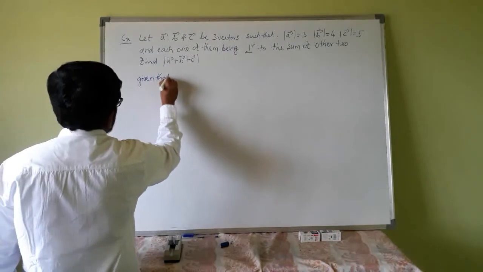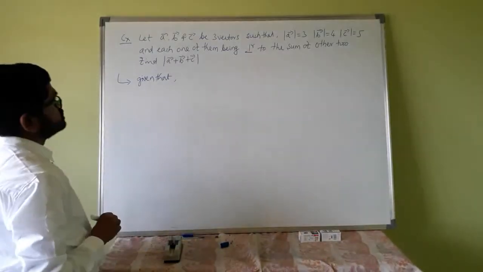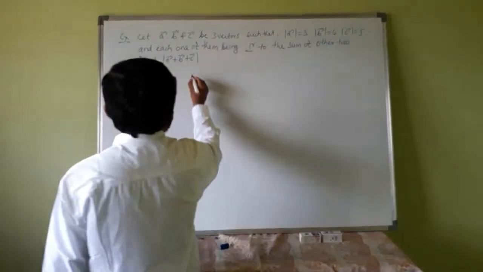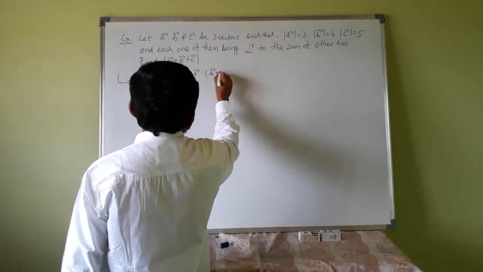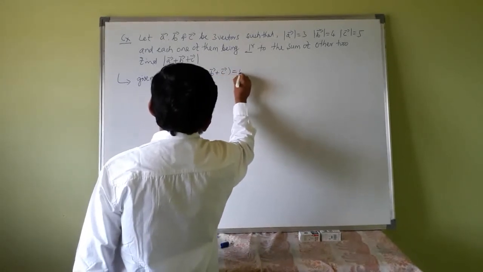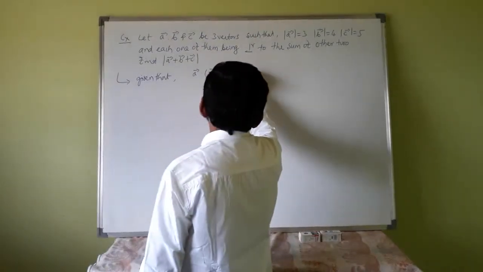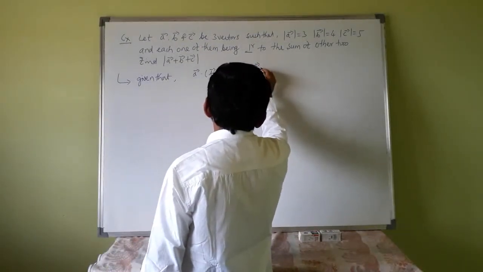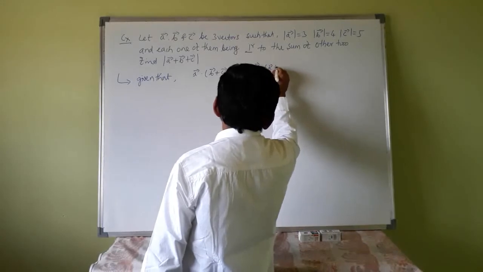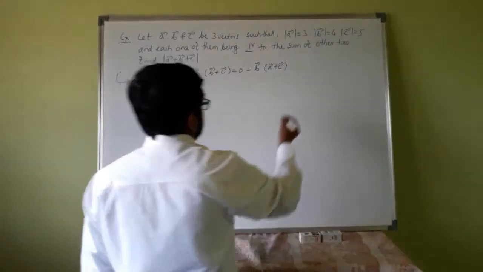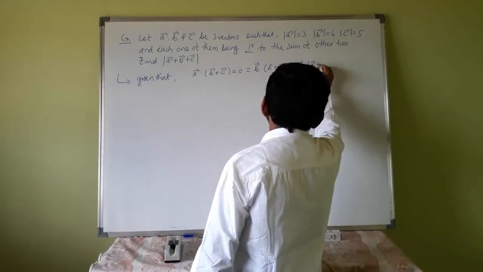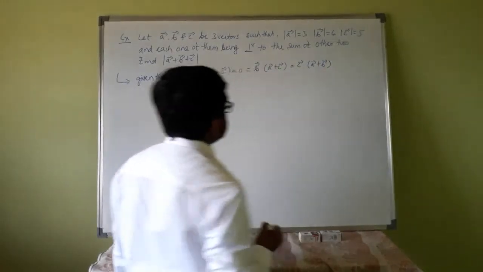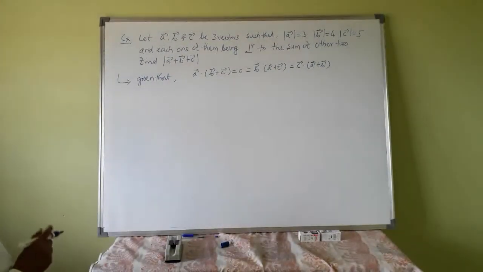Given that A is perpendicular to B plus C, A dot B plus C is equal to 0. Also B is perpendicular to A plus C, and C is perpendicular to A plus B, isn't it?